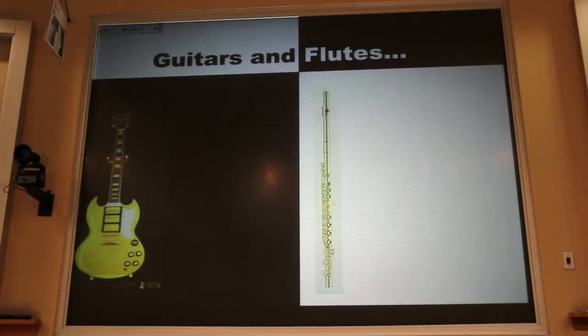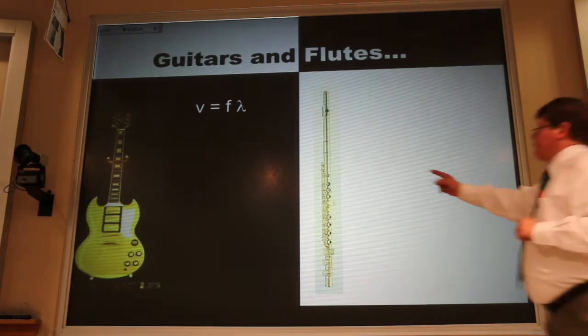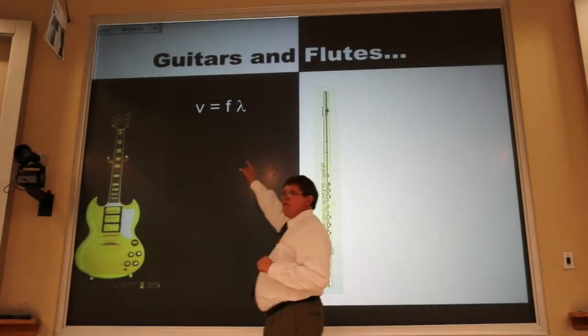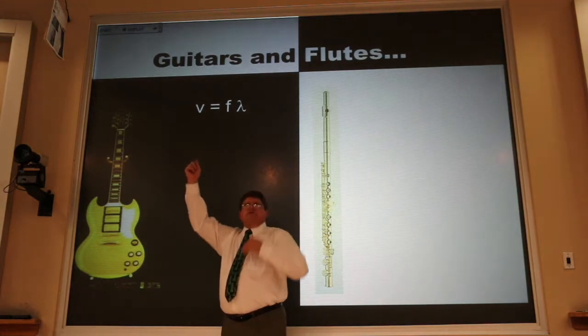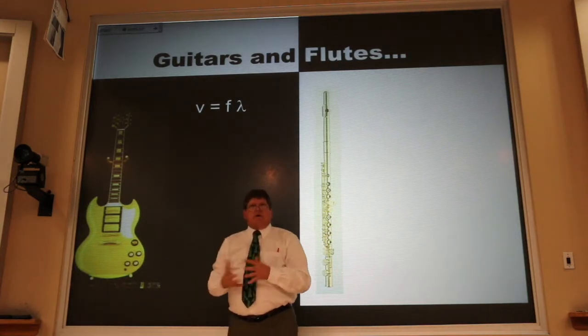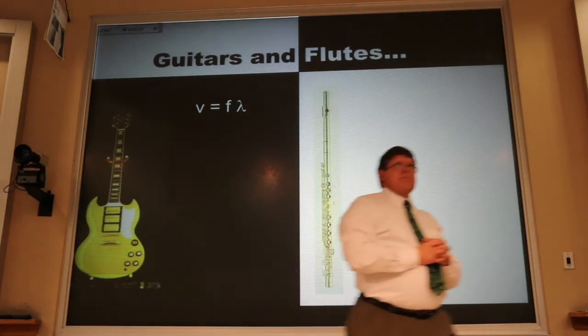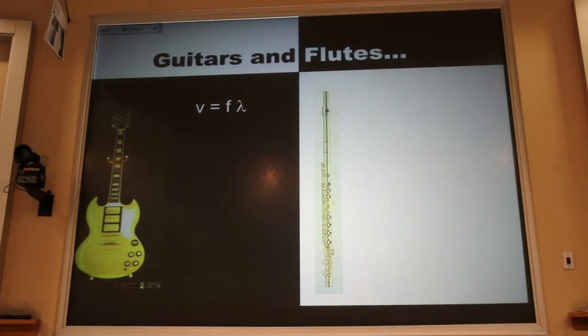This is what we were looking for. Regardless of whether the wave is a transverse wave on a guitar string or a longitudinal wave in a flute, it has to obey the wave equation. Now, tuning means changing the frequency, making the frequency higher or lower, changing the pitch. Now, we have to ask ourselves, in that equation, what can we do to change f?